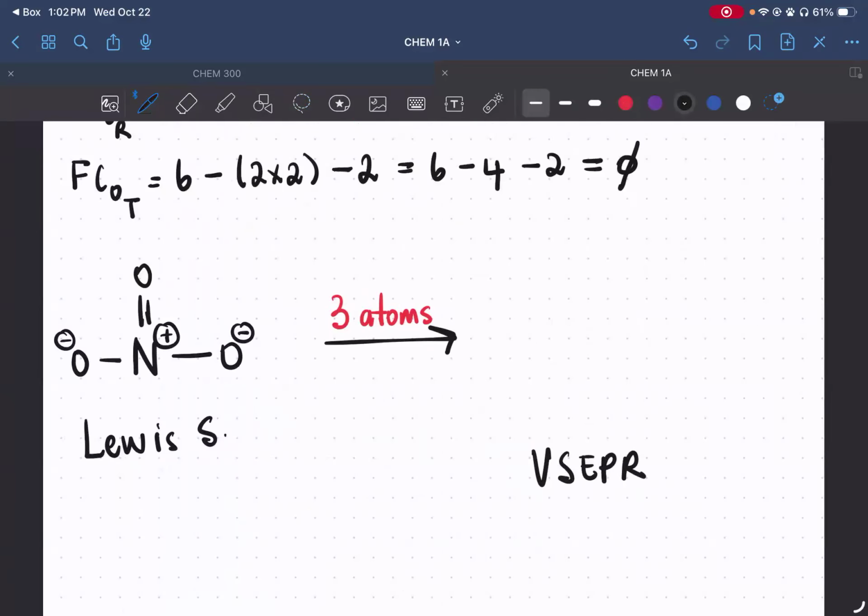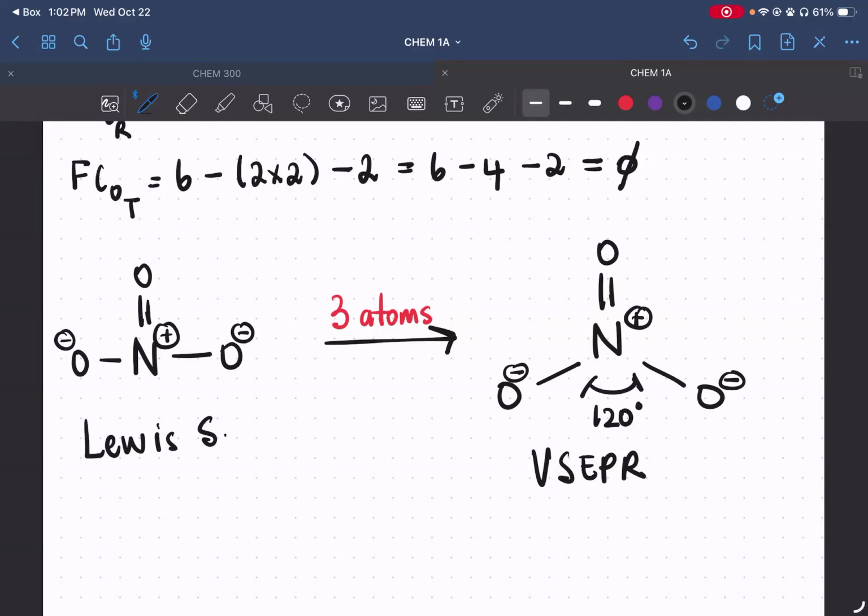From the VSEPR, nitrogen in the center, double bond, single bond, single bond, with a bond angle of approximately 120 degrees, officially called trigonal planar.